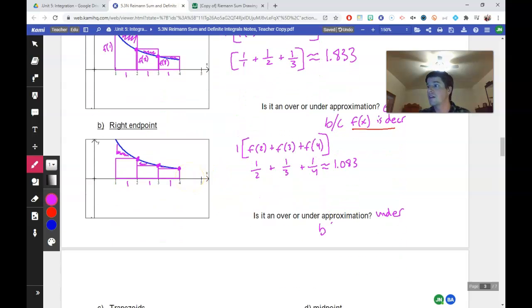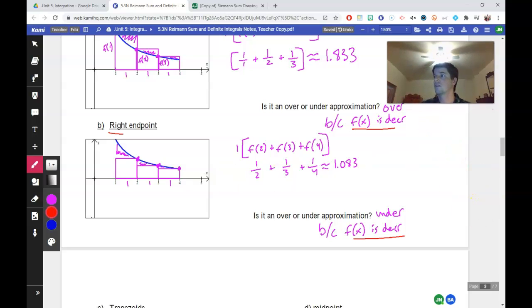So here I can simply say it's an under approximation because f of x is decreasing on a right endpoint approximation, a right-hand sum.